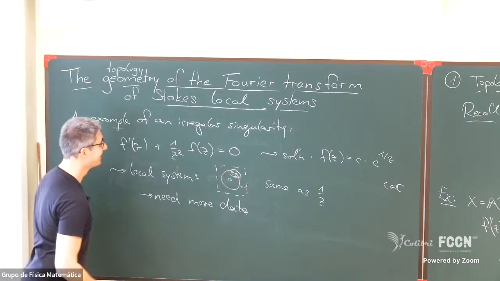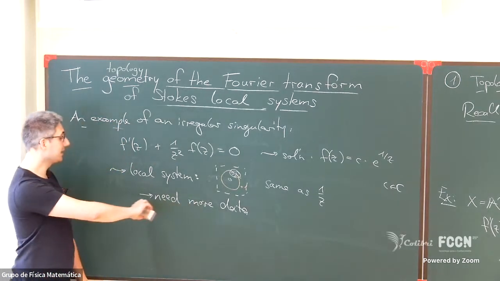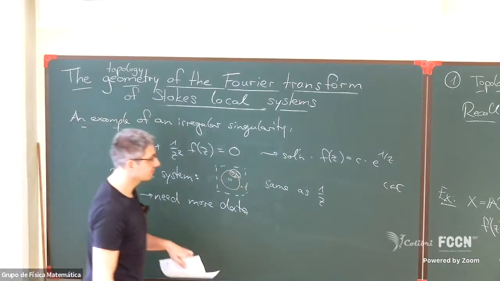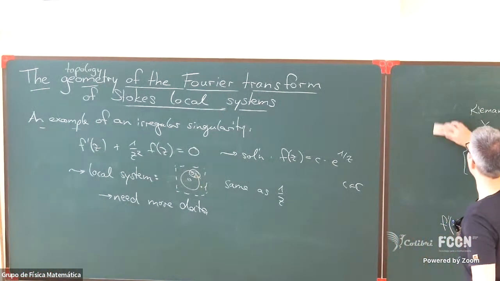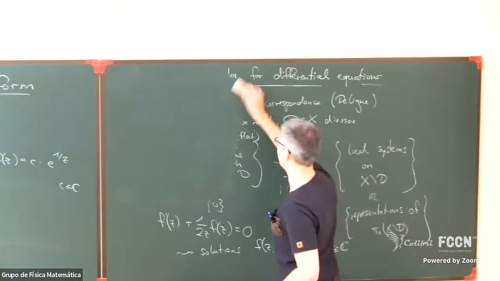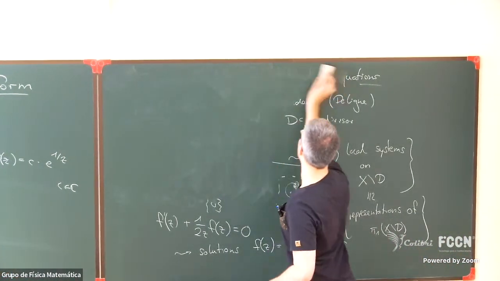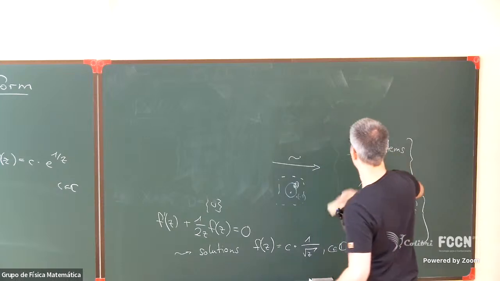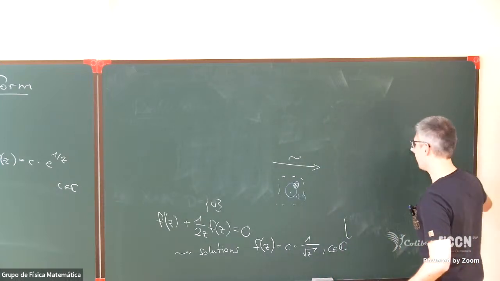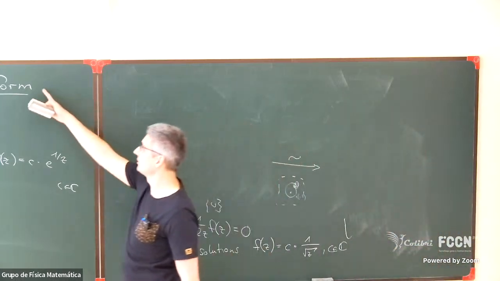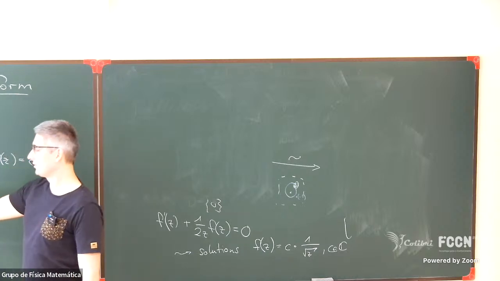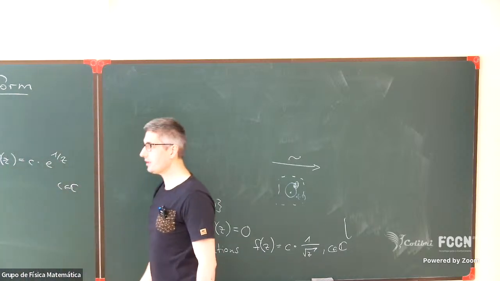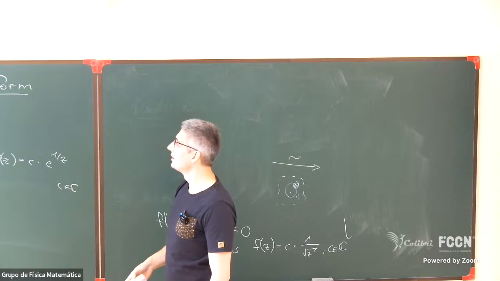Okay, so we see that in the irregular case we need more data. And what is this more data? This more data is basically the Stokes phenomenon that we already saw in some talks this week. And I will recall it now in a way that is adapted to what I want to do. And this means I will recall what it means to be a Stokes local system, so an extension of just local systems that we saw here.